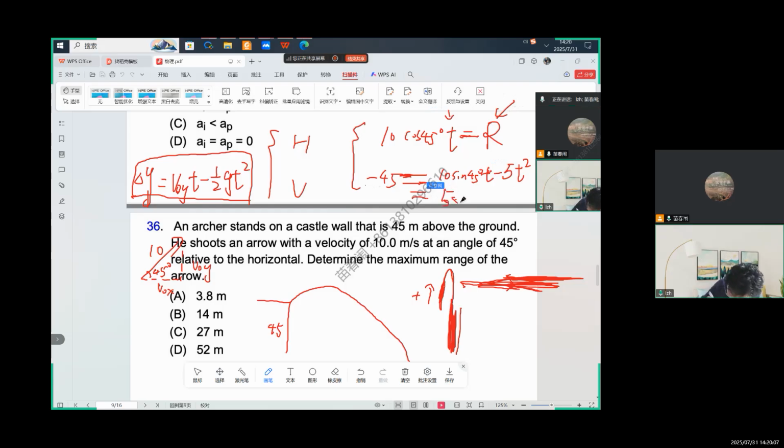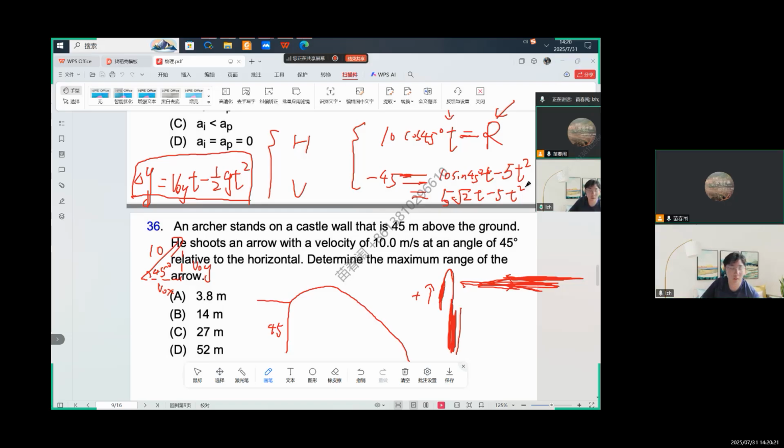So it's 5t squared minus 5 root 2 t minus 45 equals 0. Do you have the calculator with you? Use the quadratic formula, and then you can find the t, right?